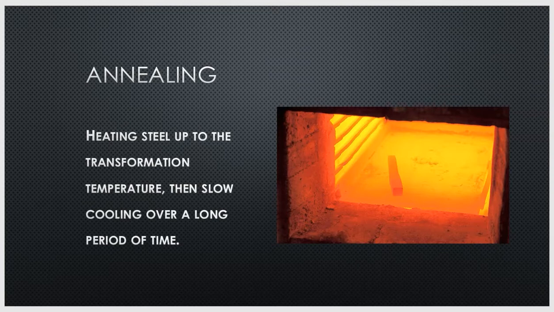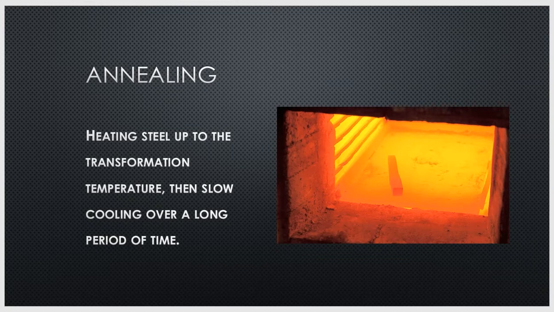Let's talk about annealing. So annealing is when we're taking a piece of metal that has already had some shape or form of heat treatment applied to it, and you're basically bringing it to its most softest state. So you're heating a piece of metal up to its transformation temperature, and you're going to hold that over a certain period of time, and then you're going to control the rate at which it cools off.